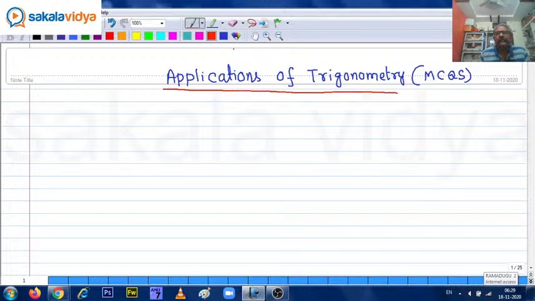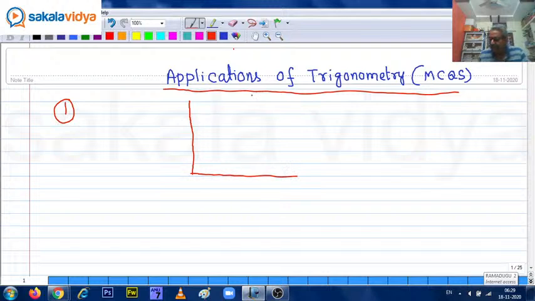So first, consider a right angle triangle ABC. Let us say this angle is 90 degrees, and say this angle is 60 degrees.